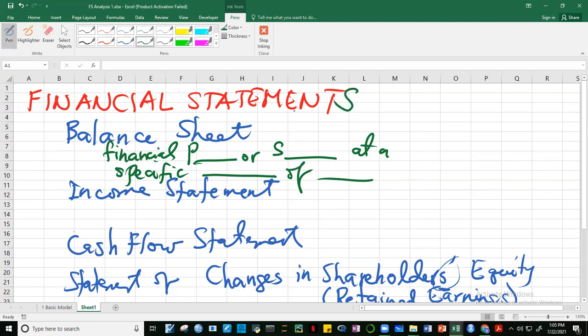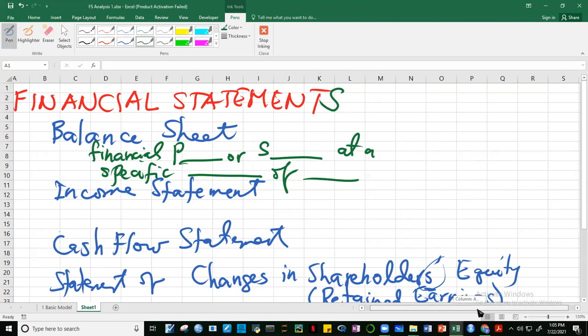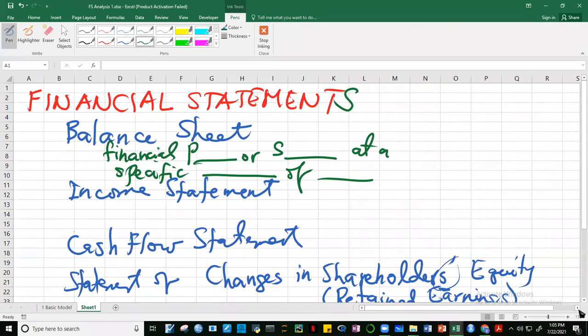It's financial position or financial status, not status, but financial position or financial standing. Financial position or financial standing at a specific, okay, you got this, no? Thank you. At a specific period.